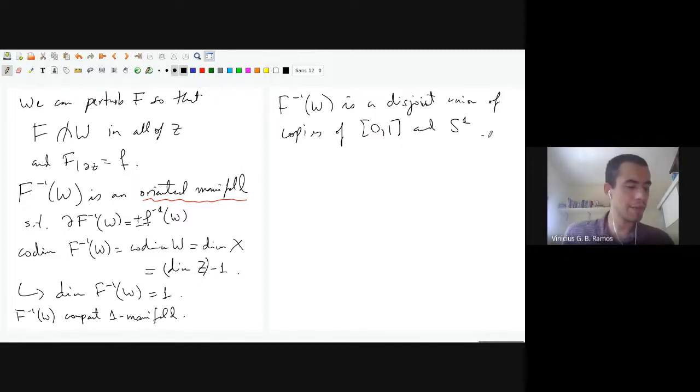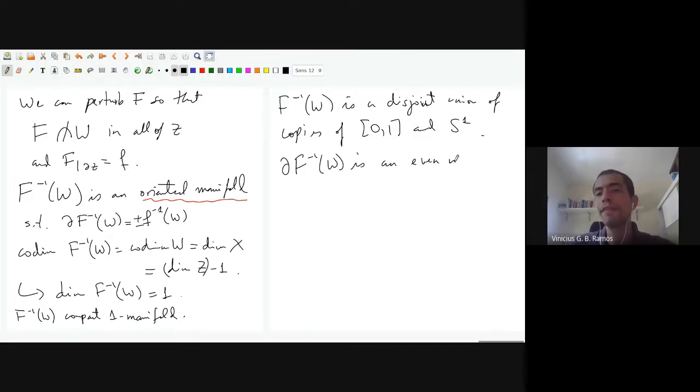What is the boundary of this, with sign? First of all, it is an even number of points. For each S1 component, you get no boundary points, and for each closed interval component, you get 2 boundary points. But as I showed you before, the boundary of this has 2 points, one of which has a plus sign and one of which has a minus sign.